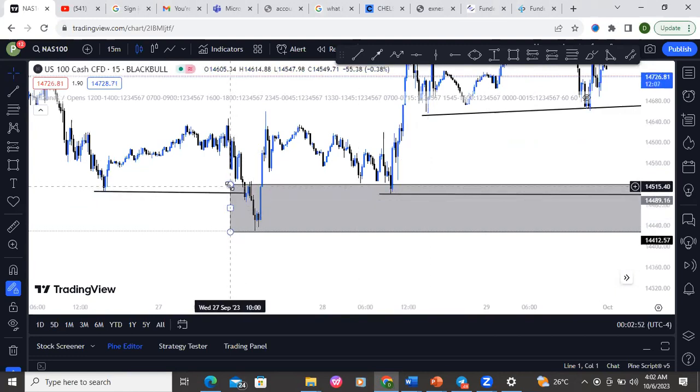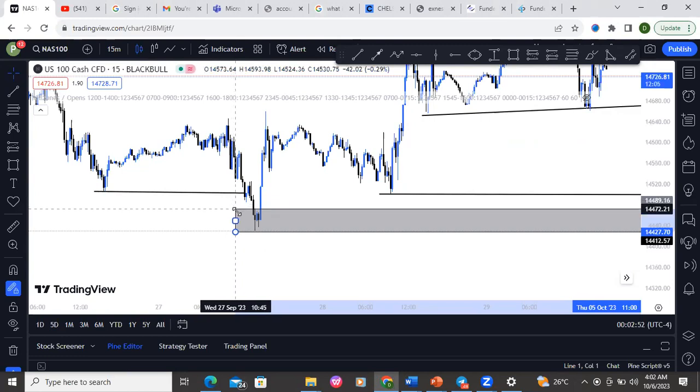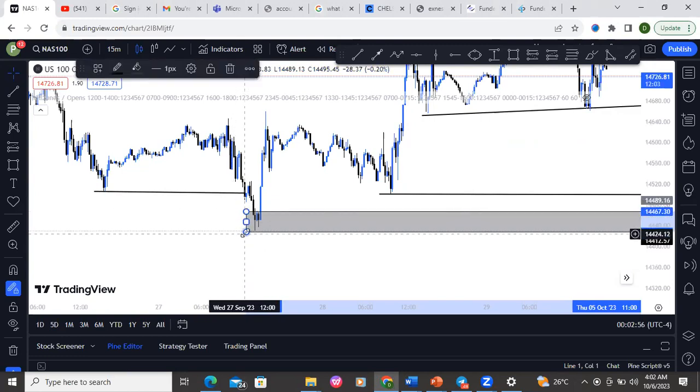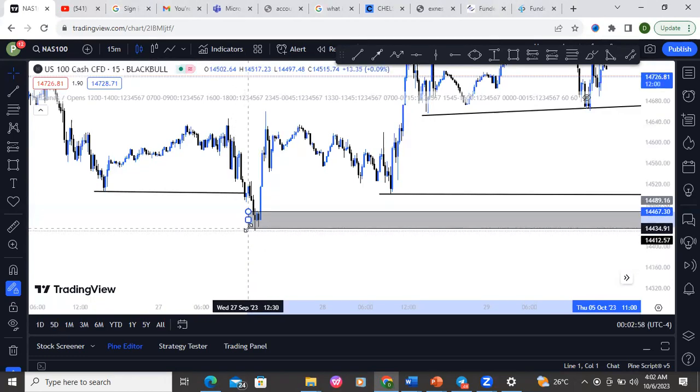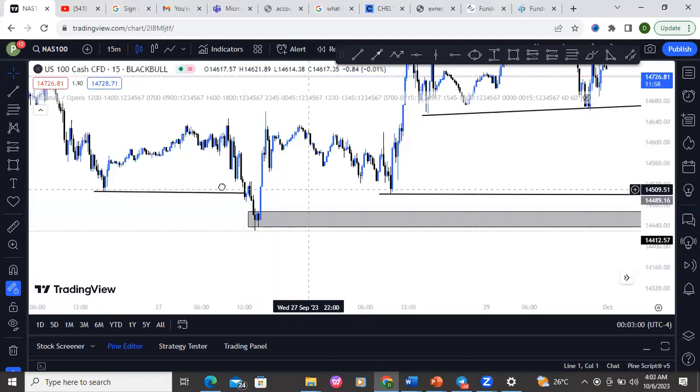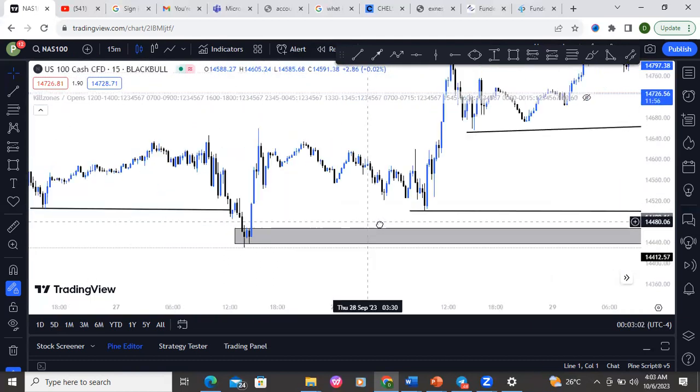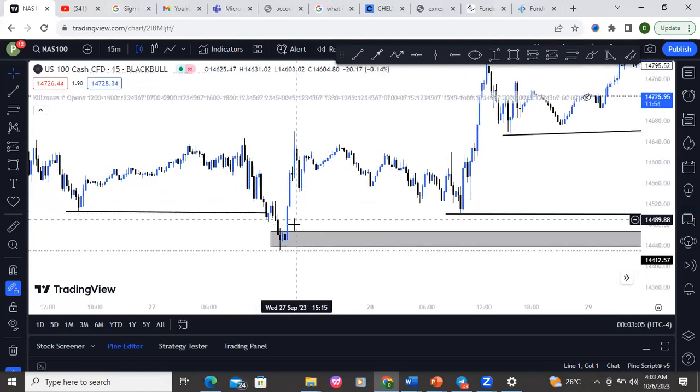That is the refinement. So I now come and pick this block. And look at this. This is a perfect order block because it has imbalance above it.